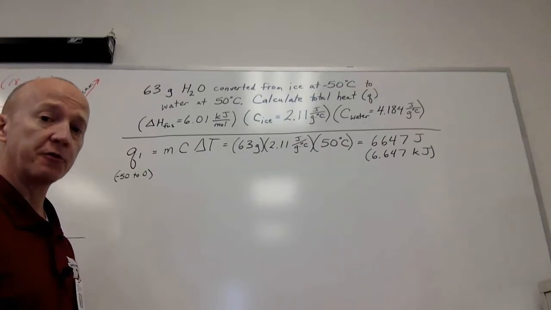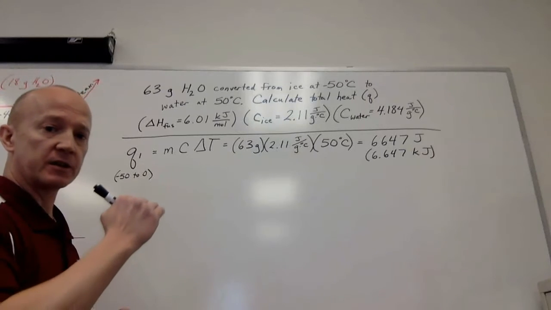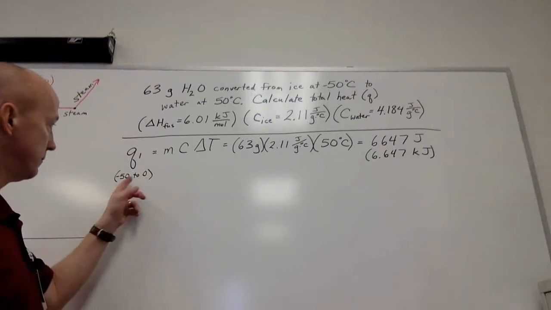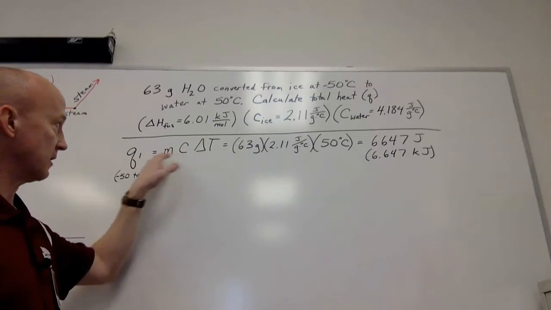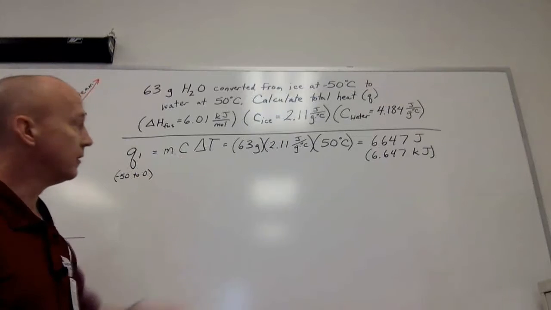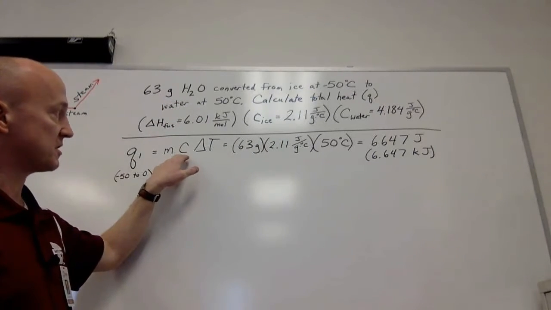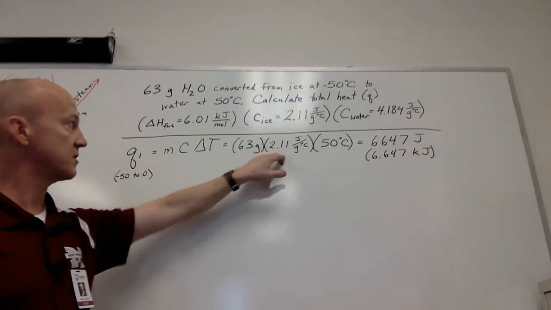Let's find the heat for phase 1, the time in which the temperature is steadily increasing from -50 to 0. We have Q equals M times C times the change in temperature, Q = mcΔT. The mass is 63 grams. The specific heat of ice is 2.11 joules per gram degree Celsius.